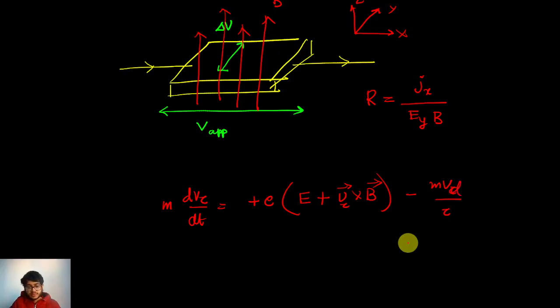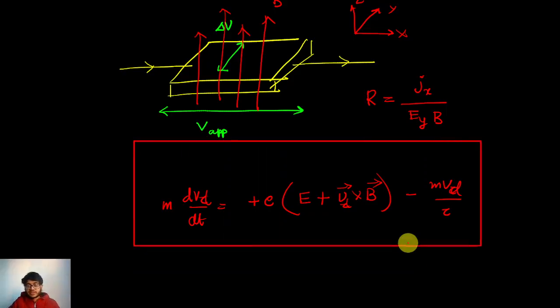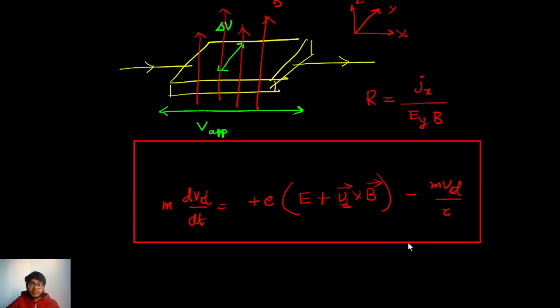This is the equation of an electron in a magnetic field, and that is explaining the thing.